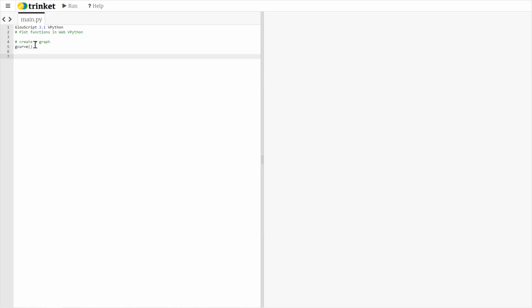And then to plot the function, use the for loop: for x in a range. The first number is the minimum value of the interval. The second number is the maximum value, let's say 1. And then the third value is the increment or step size. So let's say 0.01, or we can have it 0.1.